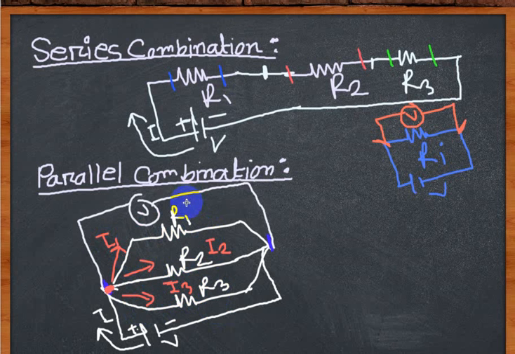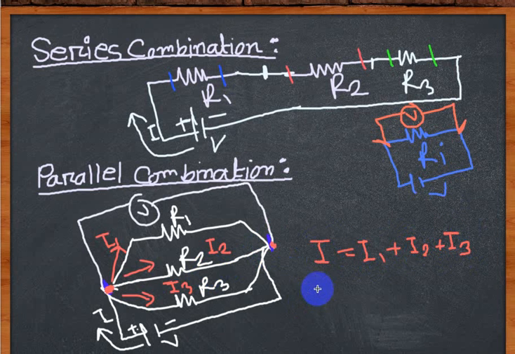In parallel combination what we have learned is that the current gets divided. Just consider that this is the first terminal and this is the last terminal. In the last terminal we'll get the total current back. Suppose I equals I1 plus I2 plus I3.